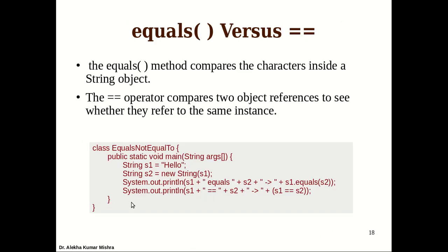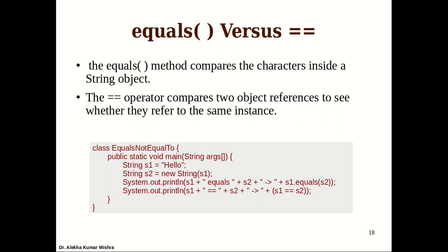Now there is a little difference between the equals method and the double equal to logical operator that we have encountered before. Equals actually compares the characters inside the string. But double equal to checks whether the two objects on both sides are referring to the same object or not.